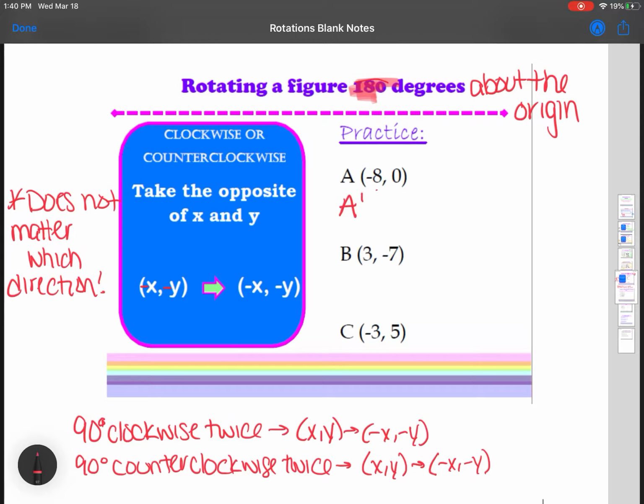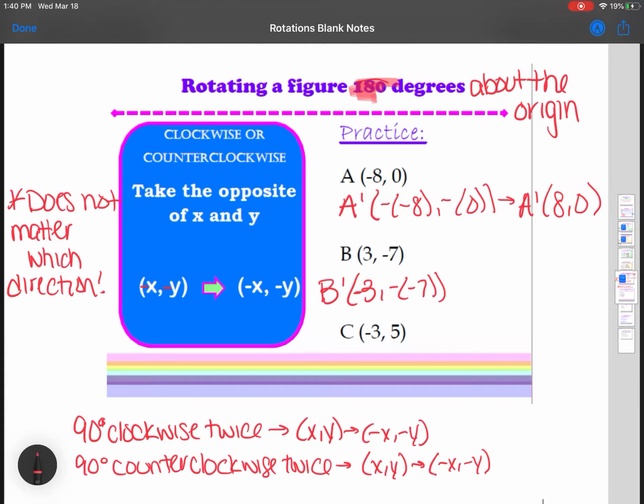So my A prime, just taking the negative of my x, the negative of my y. Negative of negative 8, negative of 0. Well, the negative of a negative is a positive, and the negative of 0 is just 0. Okay, so A prime is 8, 0. B prime, negative of 3, negative of negative 7.